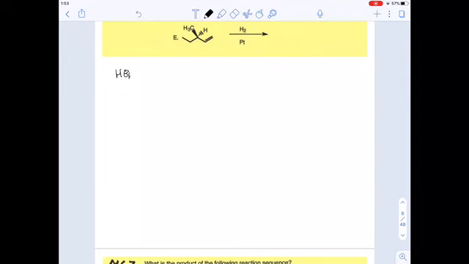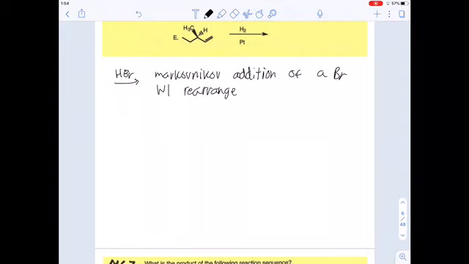So HBr by itself is going to give you the Markovnikov addition of a Br with rearrangement.